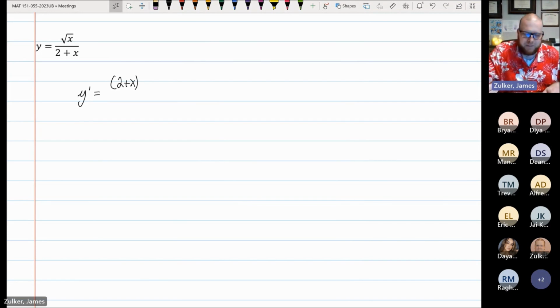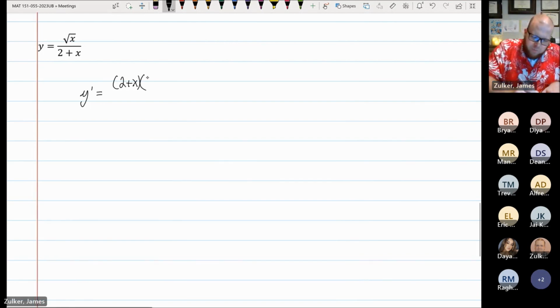The denominator, g, times the derivative of the numerator. Derivative of root x is half x to the minus half.